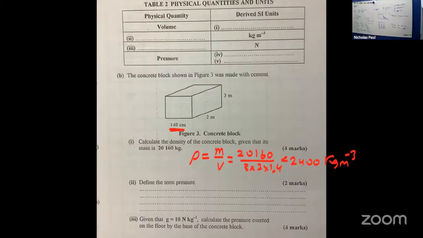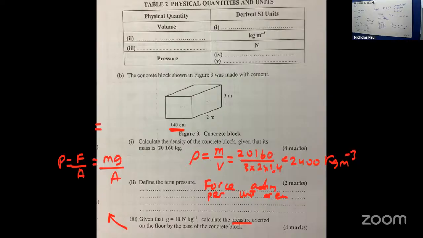Right? Pressure, we know what pressure is. Pressure is force acting per unit area. Then they want us to find pressure. We know that pressure is equal to force over area, and the force is mass by gravity over the area. So I have the mass, which is 20160, by gravity, which is 10, all over the area, 1.4 by 2.